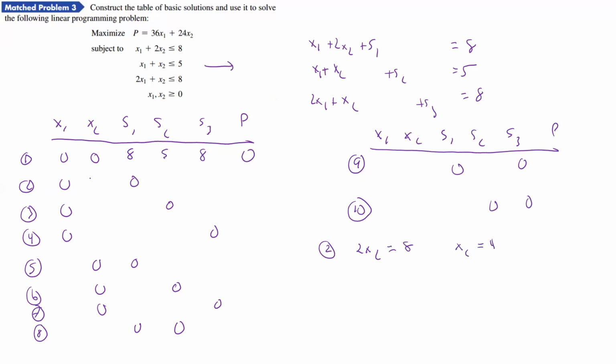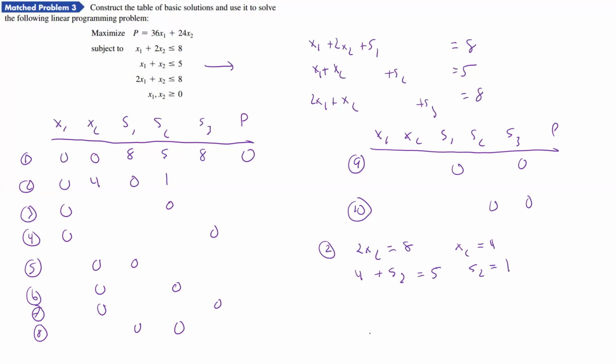Now here we have x1 is 0, x2 is 4, so we have 4 plus s2 equals 5. Oh, s2 is not 0, s1 is 0. So subtract that, and we get s2 equals 1.